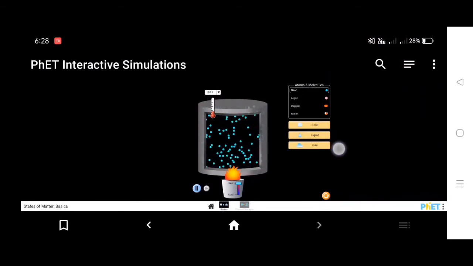Pangalawa naman na nag-expand na mabilis si liquid at last naman ay si solid. So, ito yung observation natin dun sa thermal expansion ng solid, liquid, and gas kapag in-applyan natin ng heat.